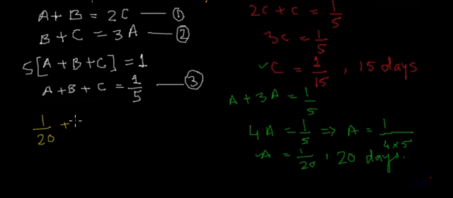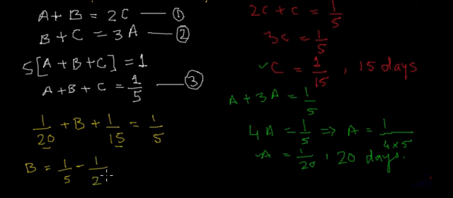B I am going to keep as it is, and the working capacity of C is 1 by 15, and together this is 1 by 5, right? So now if we reposition the terms, we will get B equals 1 by 5, and these two terms will become negative. So minus 1 by 20 minus 1 by 15.